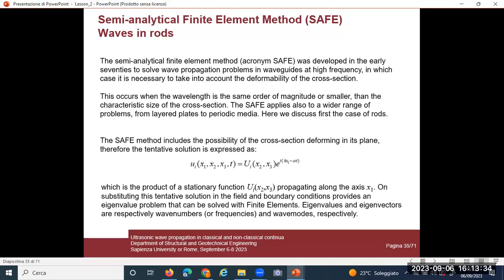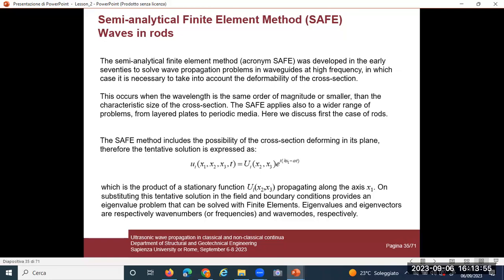This occurs when the wavelength is of the same order of magnitude or smaller than the characteristic size of the cross-section. However, the semi-analytical finite element method also applies to a wider range of problems.